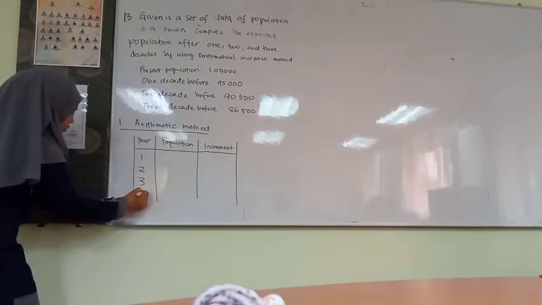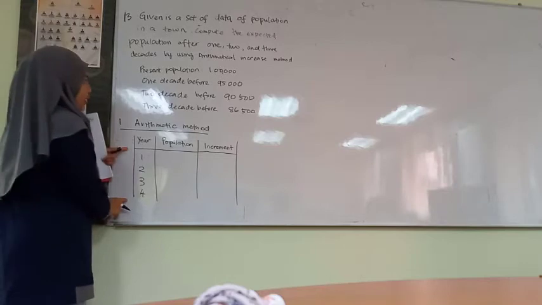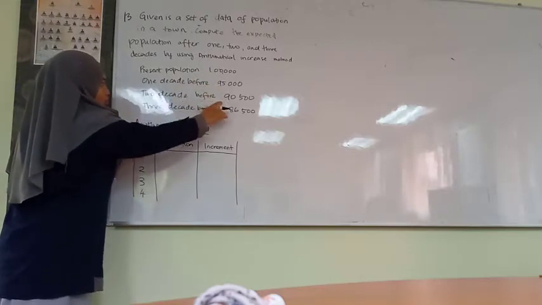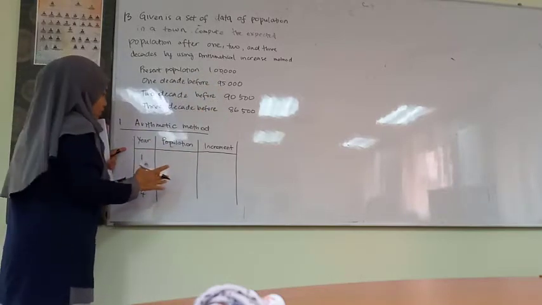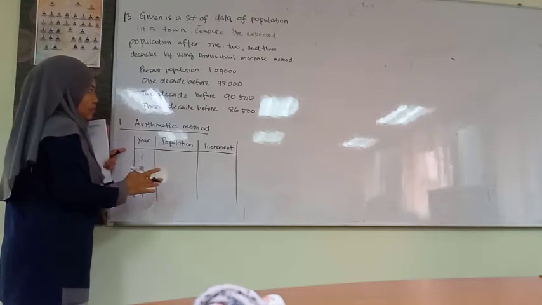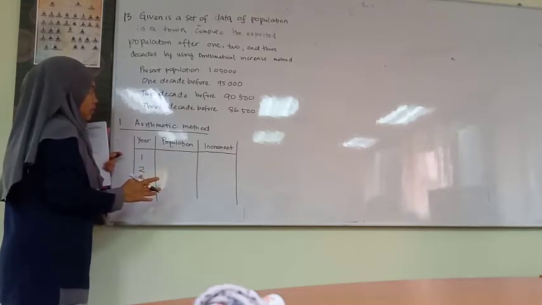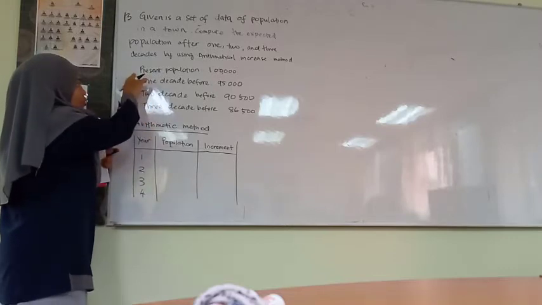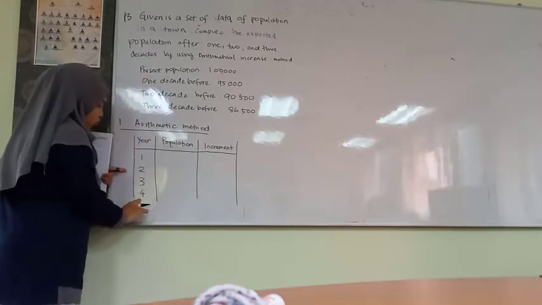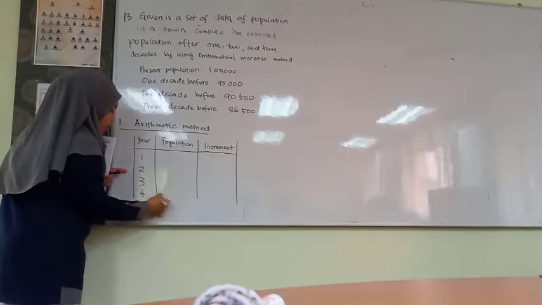So we have 4 years representing values 1, 2, 3, 4, and the population we have here. We will put the present population at the very latest year, which is number 4.